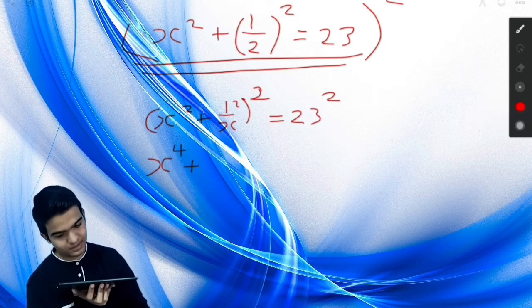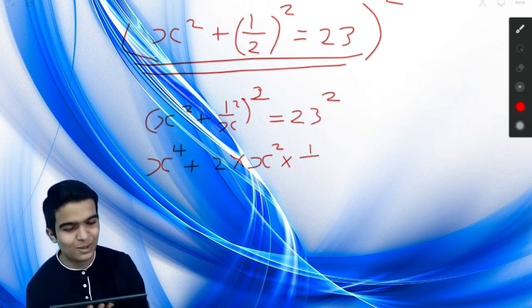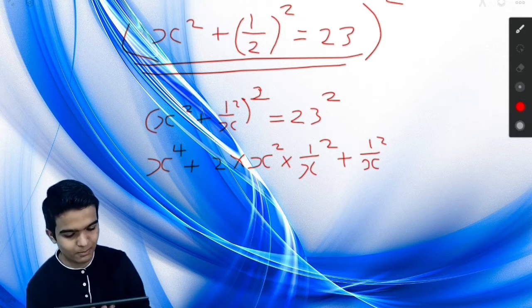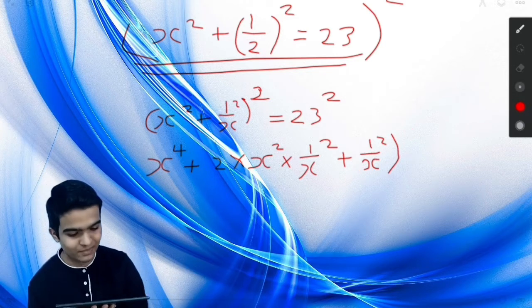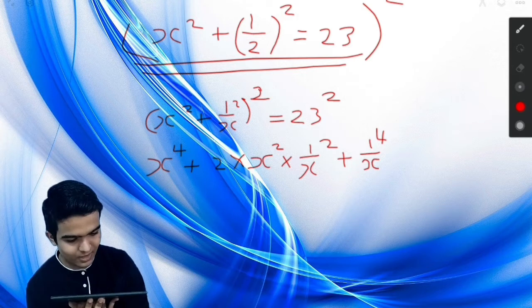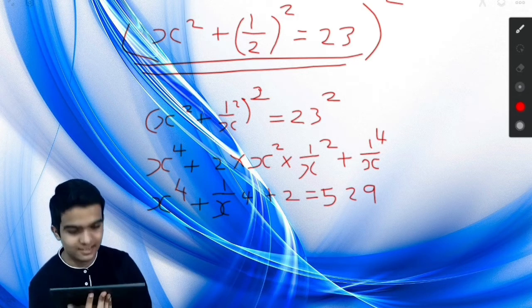Using the (a plus b) square formula, x to the power of 4 plus 2 into x square into 1 upon x square plus 1 upon x to the power of 4, which is equal to 23 square, whatever that is. It should be 529. That's the answer.